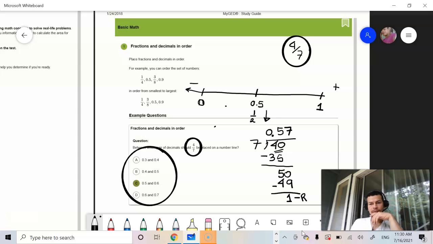So it has to be to the right of 0.5. So now I'm going to use another color, and I'm going to concentrate on the right of 0.5 because that's where my fraction is. So I have 0.6, 0.7, 0.8, 0.9, and 1. Okay. Let me draw it better. Let me see if I can.